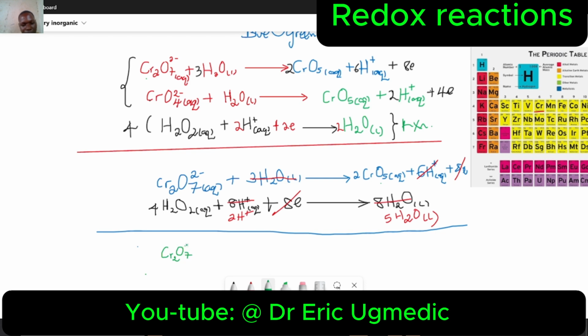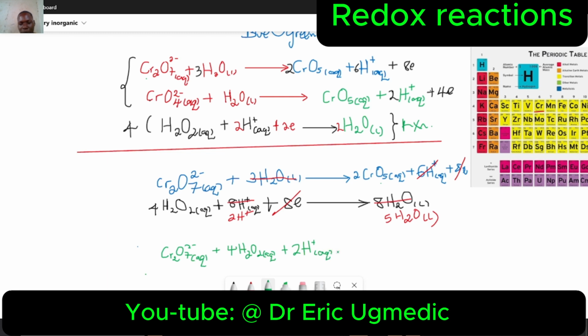So we have dichromate plus 4 hydrogen peroxide molecules plus 2 hydrogen ions, and this will yield 2 chromium pentoxide molecules.